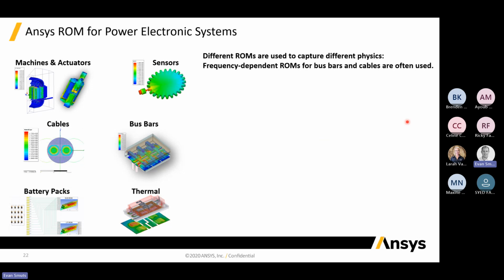It's really up to us what level of detail we want to include. We can do anything from the tiniest of sensors up to the power supply in terms of bus bars and cables, and even the full machines, actuators and motors, which is our final goal at the end of the day.